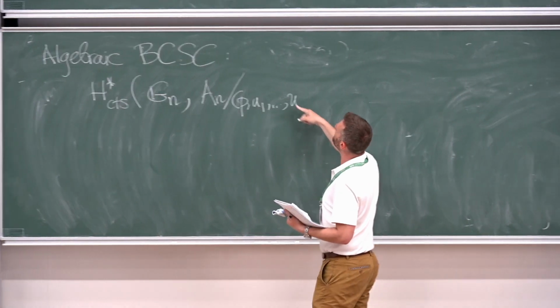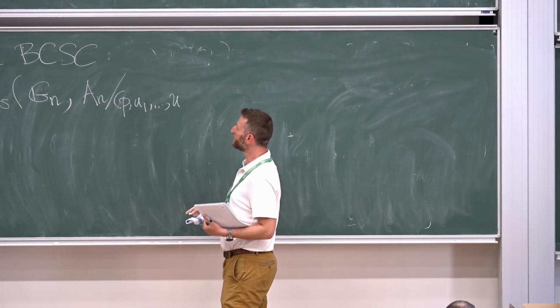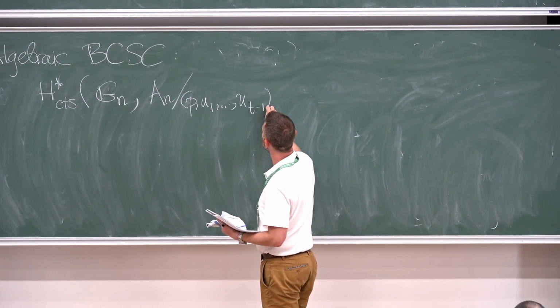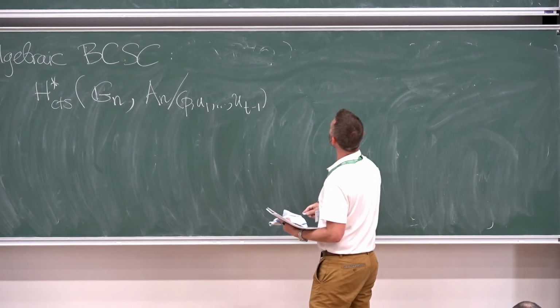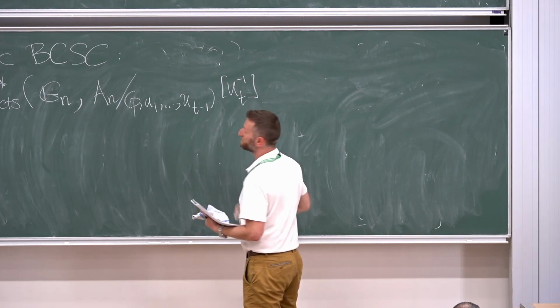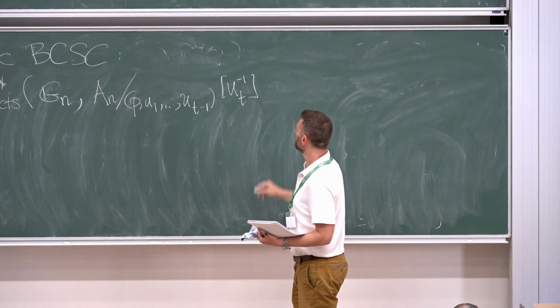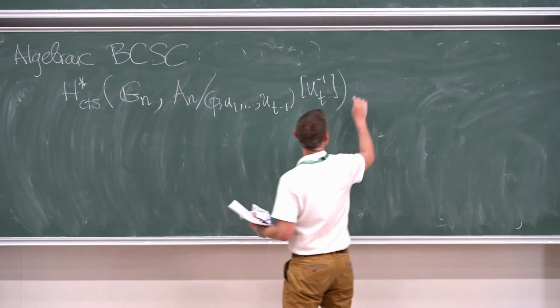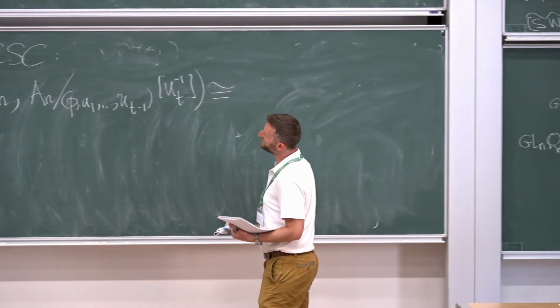So this is under the same assumptions as the conjecture above, by the way. The ideal will be generated by u_t minus 1. And since we've K(t) localized, somehow u_t, this height t operator, should be inverted. So, okay, what's that? And this should be isomorphic to something else.